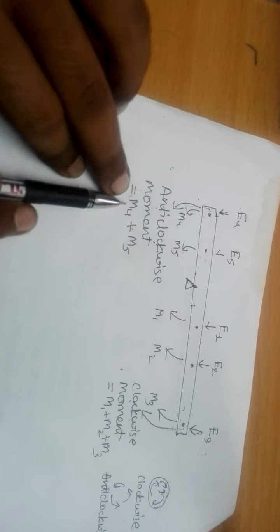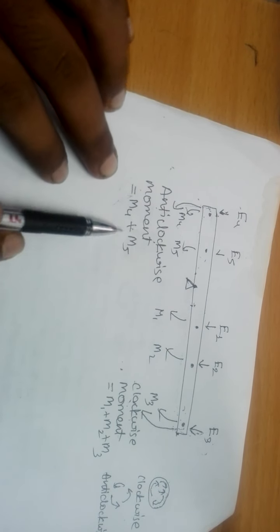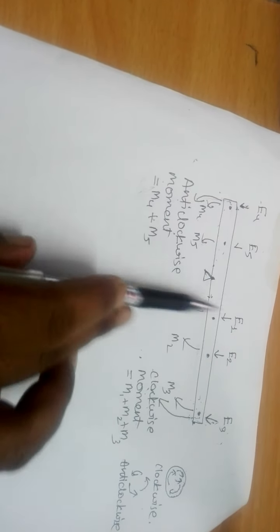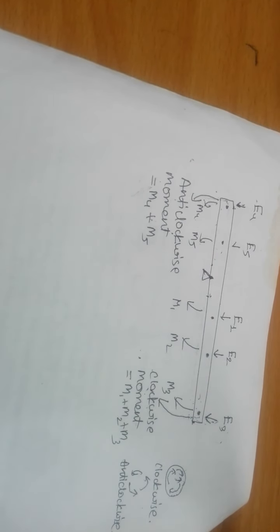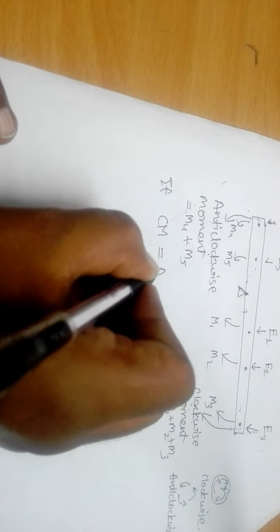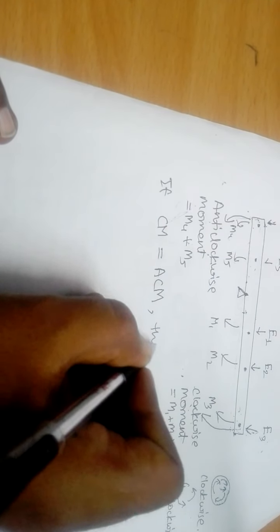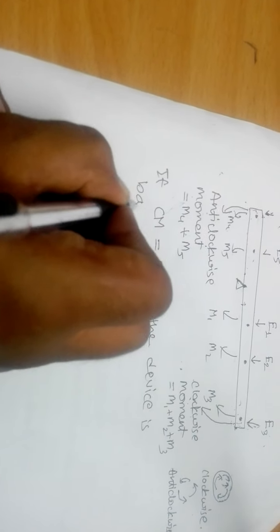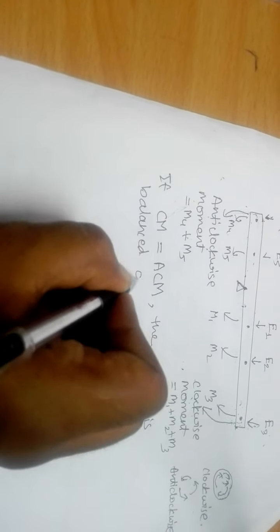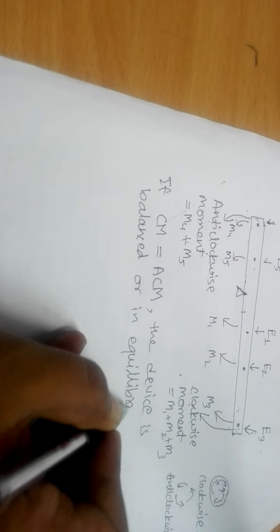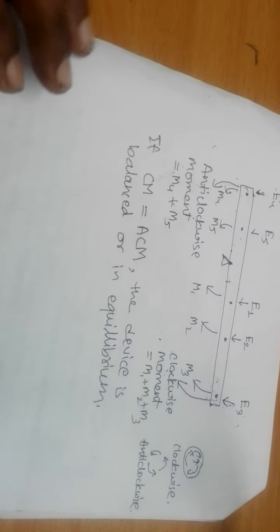So if the total sum of anti-clockwise moment and the total sum of clockwise moment are equal, then this device will be in equilibrium or balanced state. If clockwise moment is equal to anti-clockwise moment, the device is balanced or in equilibrium. Got it or not?